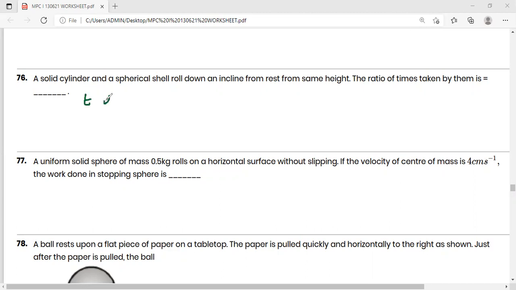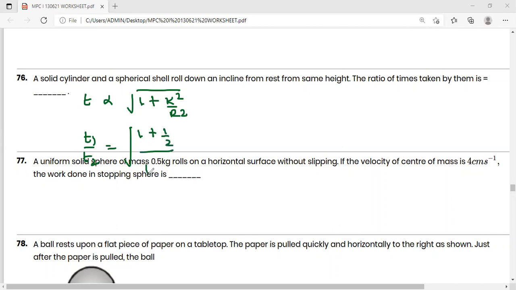So time is directly proportional to, we already have derived the equation, root over 1 plus k square by r square. In both the cases, T1 by T2 equals root over 1 plus, for the first body, let me consider the first body is a solid cylinder. Solid cylinder is just like a disc only, na? So what is k square by r square?